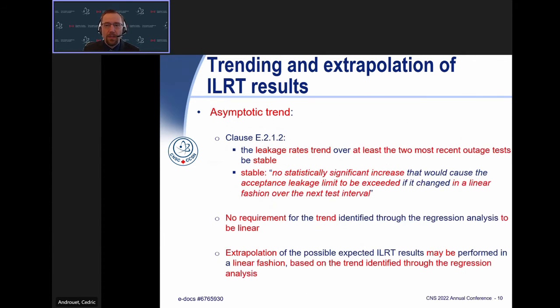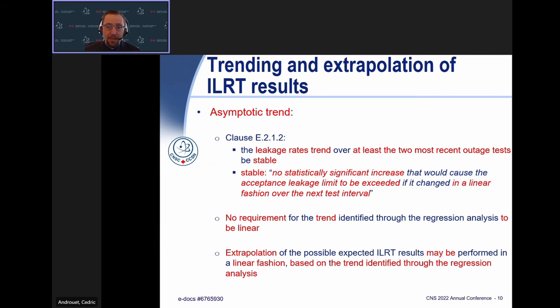Lastly, another way in which the CSA N287.7-17 requirements may be interpreted is presented. As a reminder, clause E.2.1.2 stipulates that the trend shall be stable over at least the 2 most recent post-commissioning outage tests, and stable being defined as no statistically significant increase that would cause the acceptance leakage limit to be exceeded if it changed in a linear fashion over the next test interval.